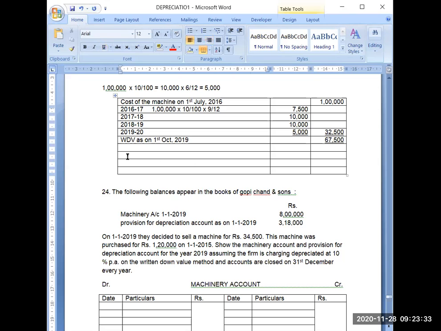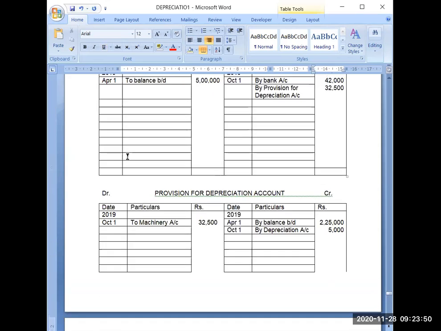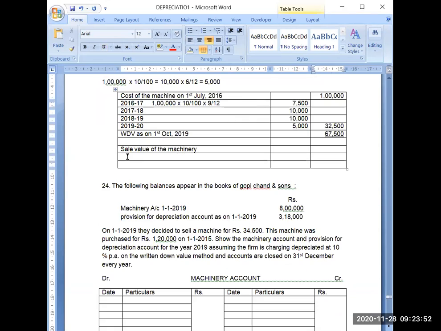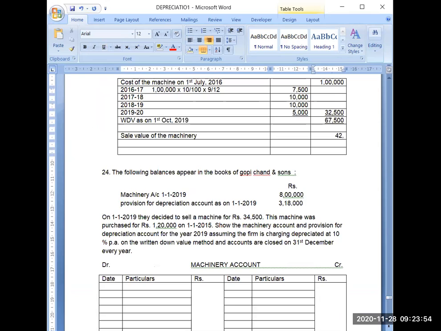Now the sale value of the machine is 42,000.